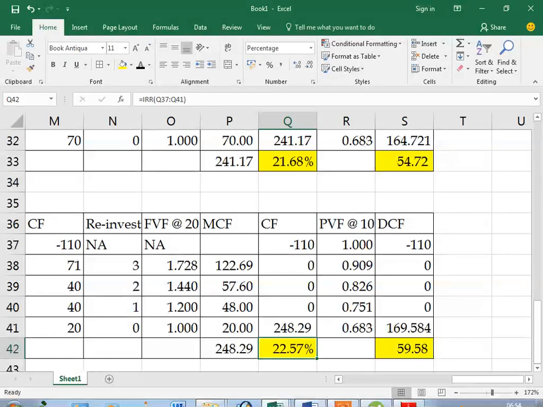Both will prefer one of the projects. Both the techniques are going to prefer a single project rather than one technique preferring project X, second technique preferring project Y. So that issue will get sorted out.